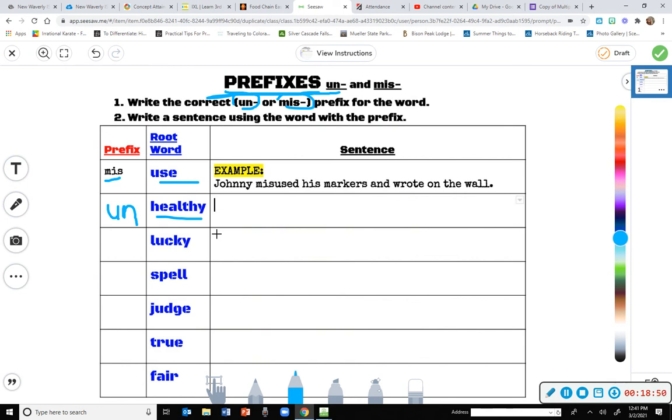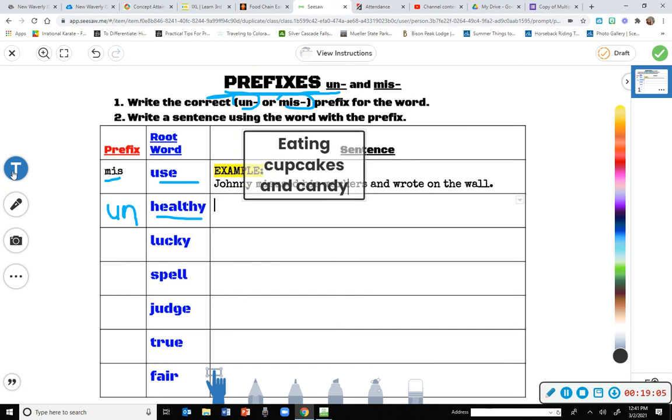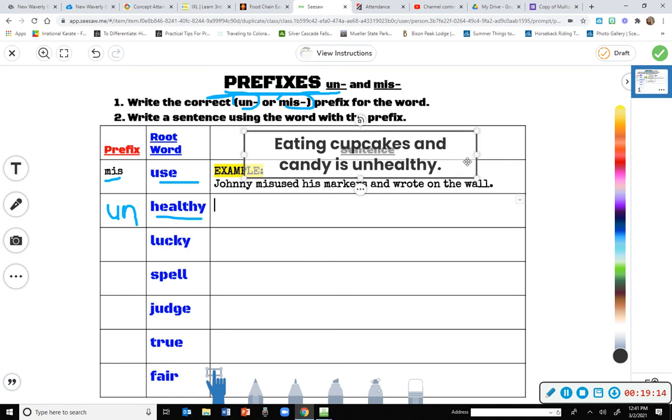So now instead of being healthy, we are unhealthy. Not healthy. Okay, so how could we use that in a sentence? Eating cupcakes and candy is unhealthy.